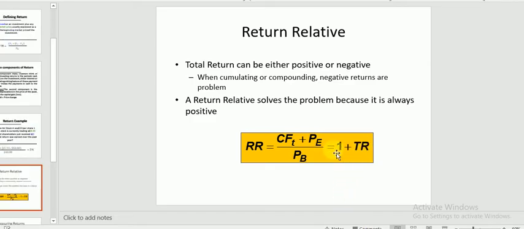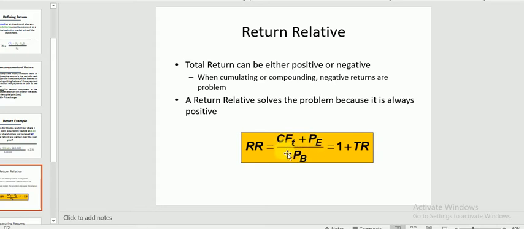We can also calculate the returns relative by another formula: 1 plus total returns. We can use this formula: CFT, that is cash flow at time t, plus PE divided by PB. CFT shows the dividends or interest. If we want to calculate bond returns, it will be interest, and if we calculate stock returns, this CFT will be dividends.